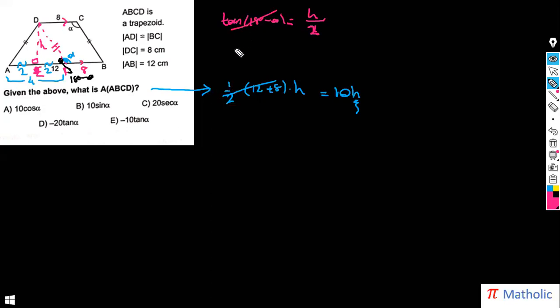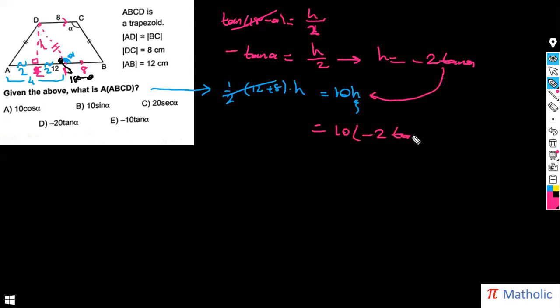So tangent 180 minus A is negative tangent A, which is H over 2. If you do cross multiplication, you'll get negative 2 tangent A. So let's put this one over here. Area will be 10 times negative 2 tangent A, which makes negative 20 tangent A.